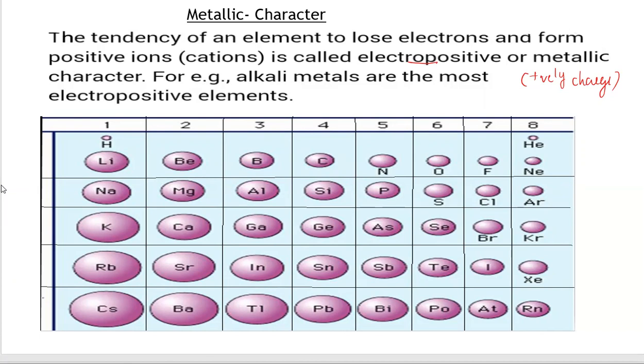So as we move from left to right in a period, the tendency of an atom to lose electrons decreases. We know that in our modern periodic table, on the left metals are there, on the right non-metals are there.